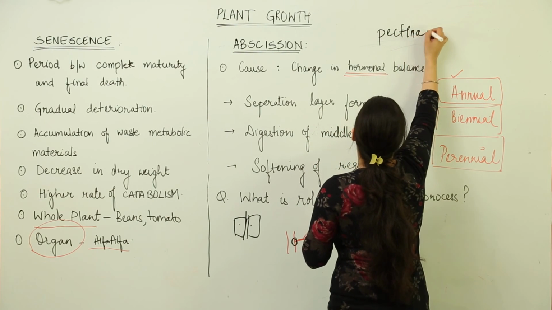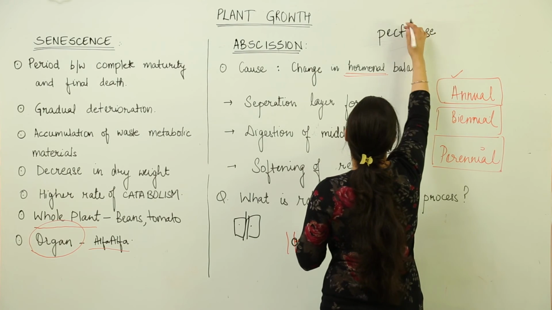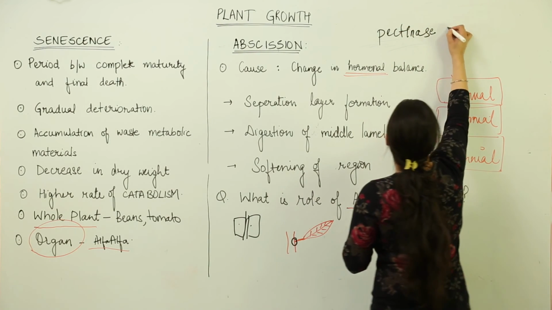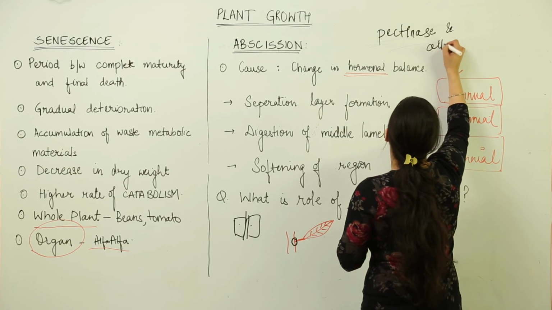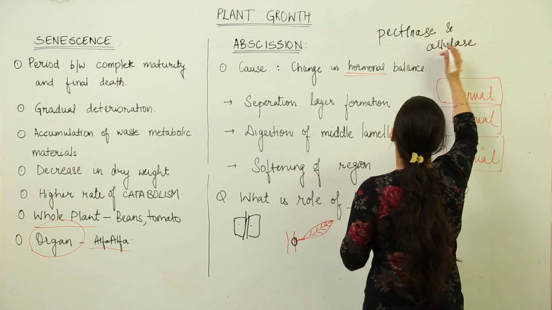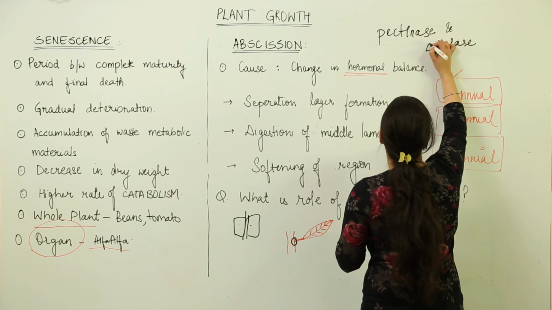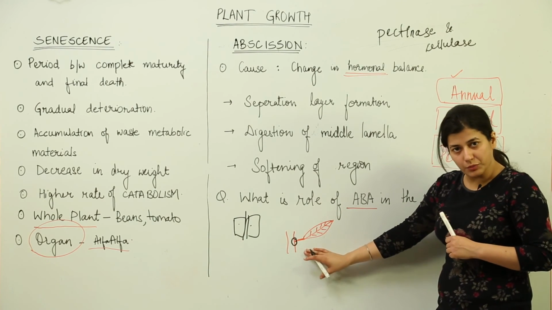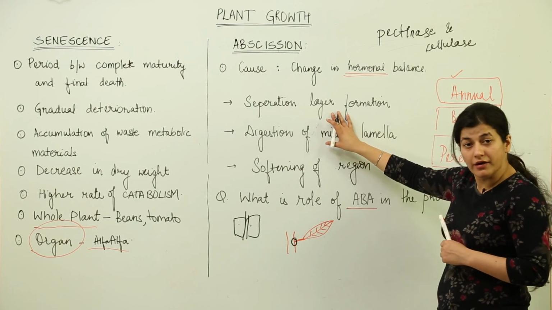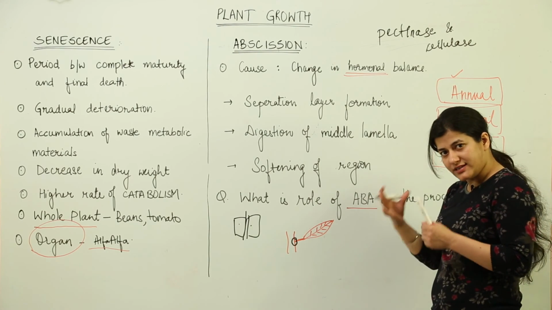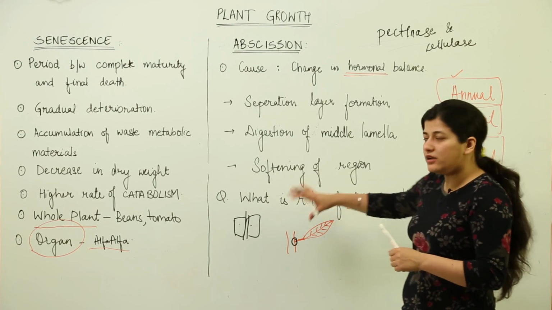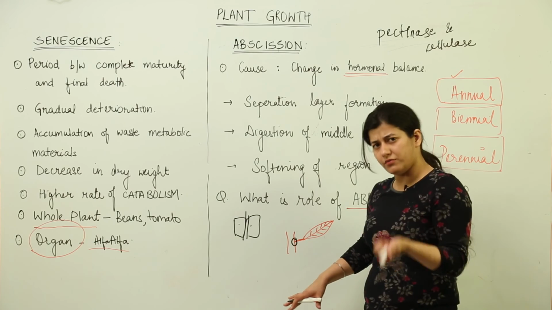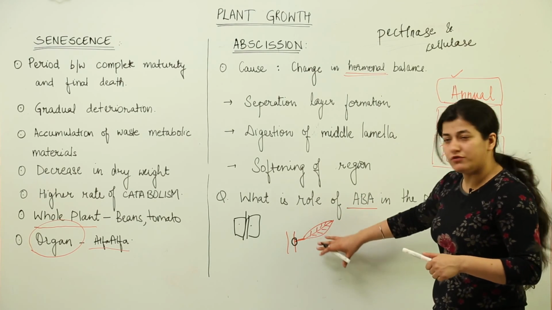I am writing it over here so that you remember it, because this is something to be learnt. Pectinase and cellulase digest the polysaccharides present in the middle lamella, and it leads to softening of the region. Whichever region has developed this layer would get softened because that cementing part is gone, and whenever some rain or strong wind comes, they would fall down.